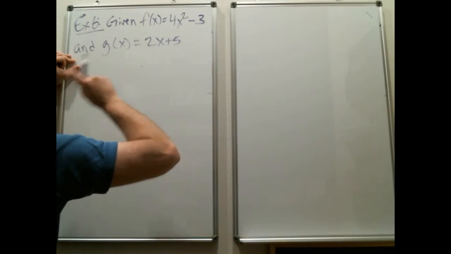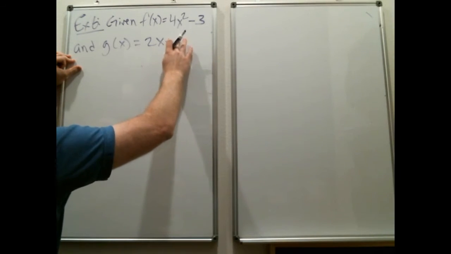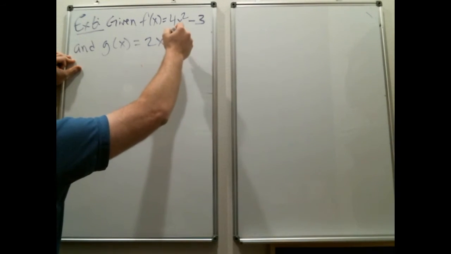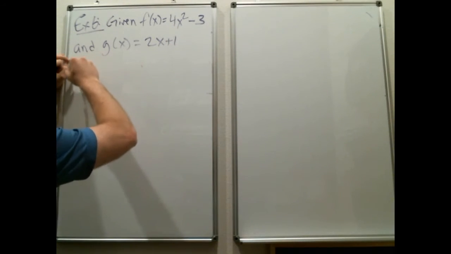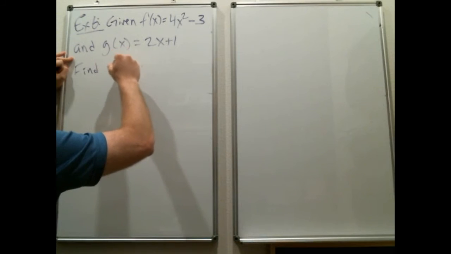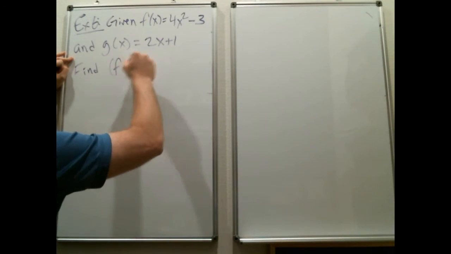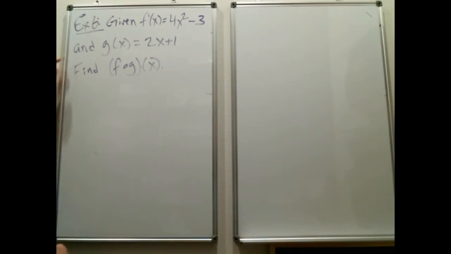I get a little messy. 2x plus 1 is fine. Find f of g of x.